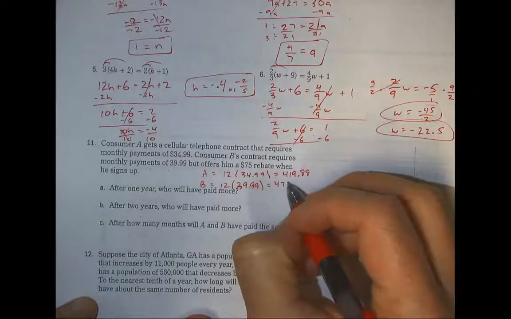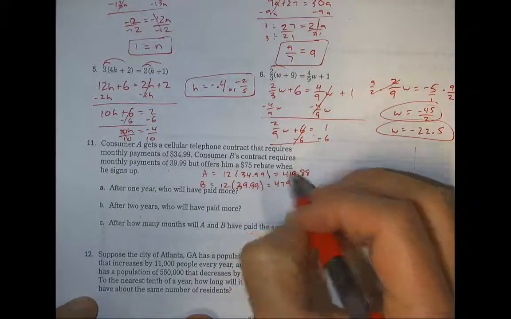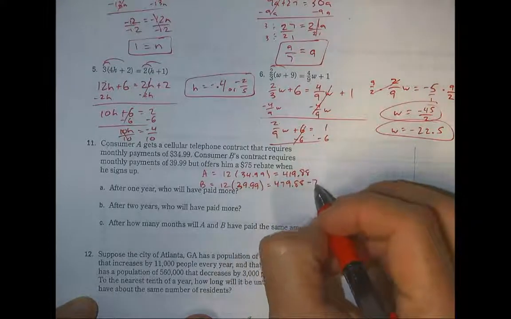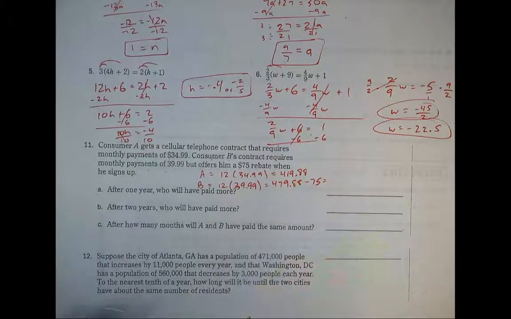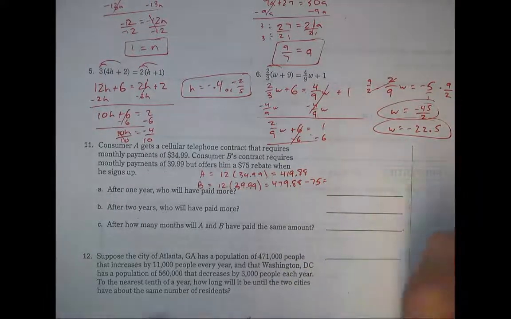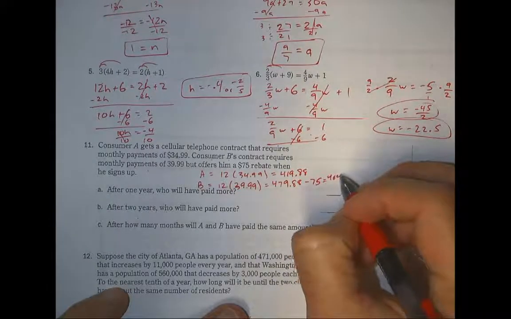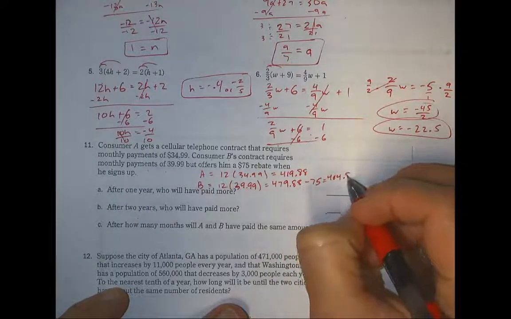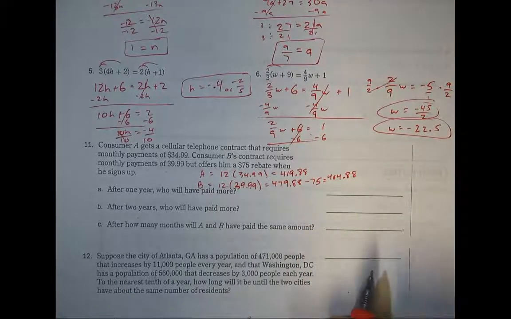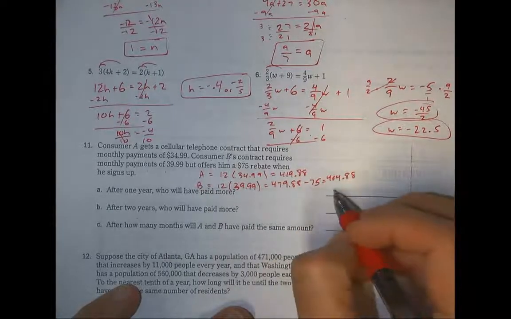That's $479.88, but they got a $75 rebate, so they get to take $75 off of that. And that comes out to $404.88. So after 1 year, who has paid more? Consumer A.